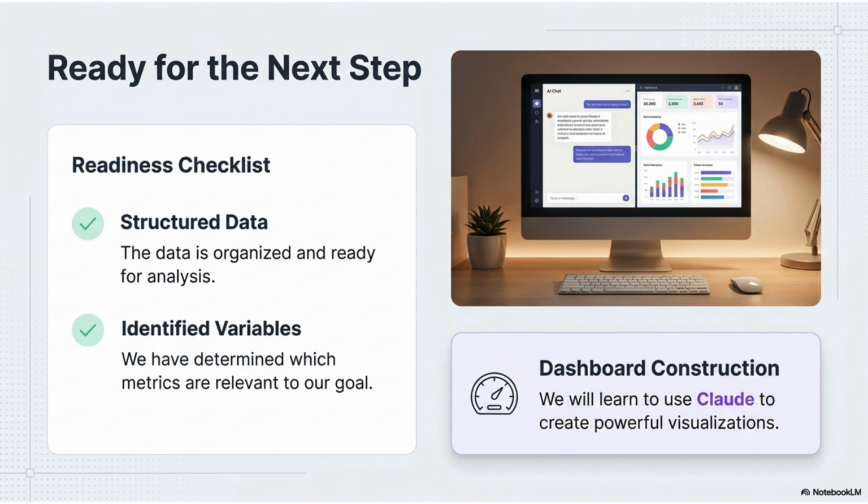The numbers are well formatted, and the field names are clear. If you were working with a messier file, it would be worth cleaning it first. But today, we're diving straight into action. We now have a well-structured file, we've identified the key variables, and we're ready to use this information to build a powerful dashboard with Claude. Let's move on to the next lesson.